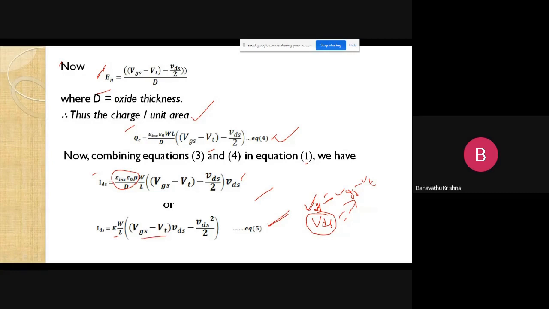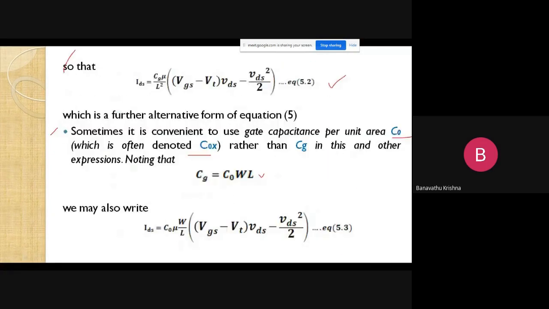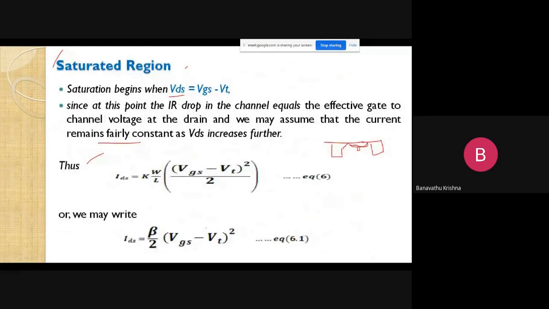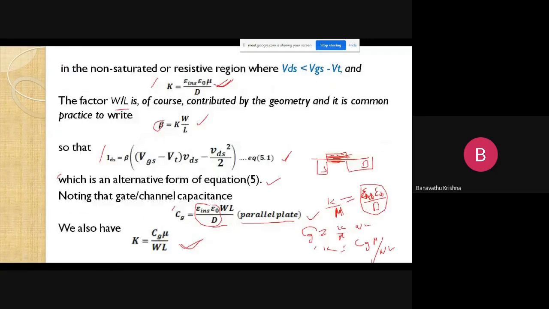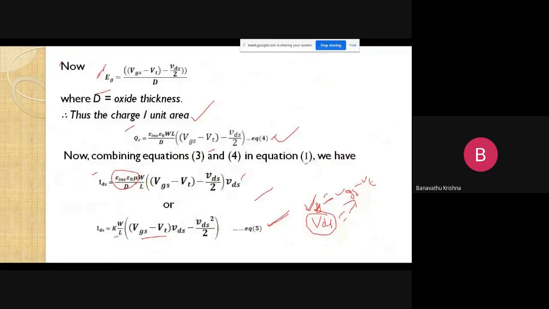Then automatically VDS into VDS gives V square DS minus V square DS by 2. Let us go through that point here. So IDS equals K into W by L, VGS minus VT whole square. Generally, after getting this, V square DS minus V square DS by 2, you need the LCM.